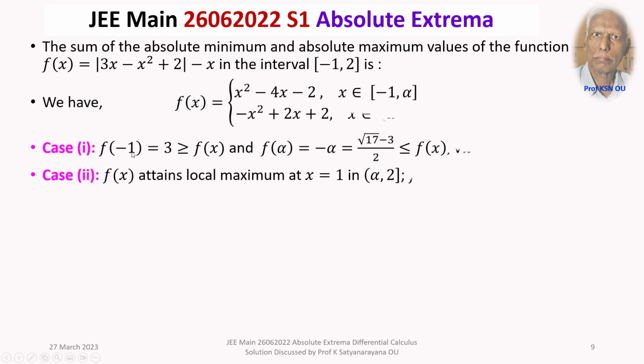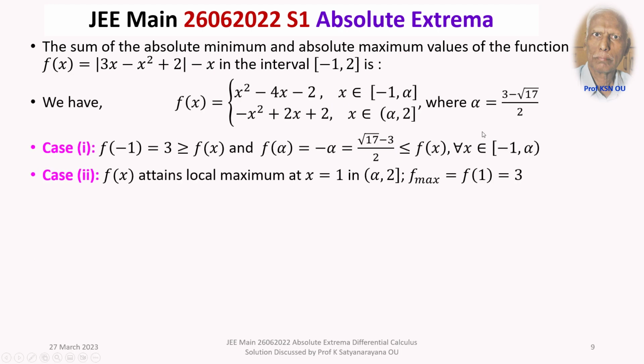We have seen case 1 where there is no local extrema. In case 2, we have a local maximum at x is equal to 1 in the second half of the interval.